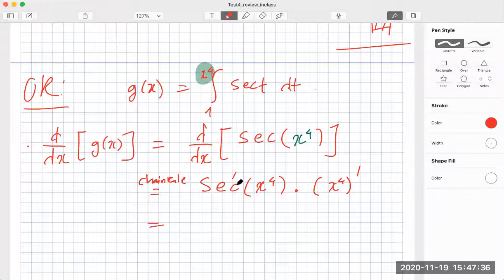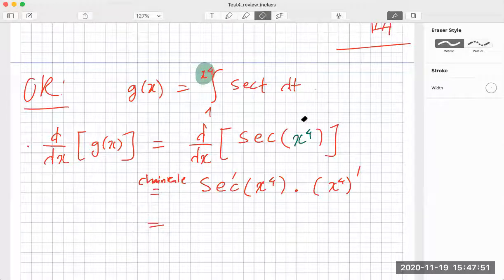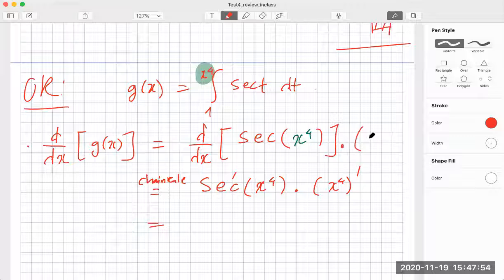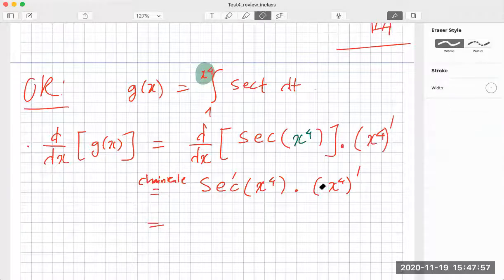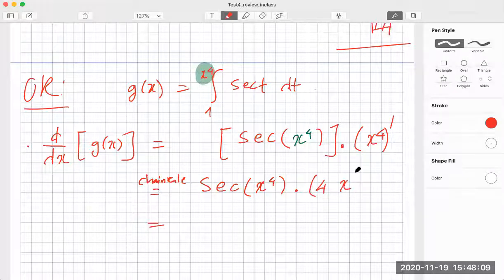Therefore, secant... no. Wait. No, we cannot write it this way. It should be secant of this, and we do it faster here, times x to the fourth prime. Yeah, we should write it this way. Okay, that's it.